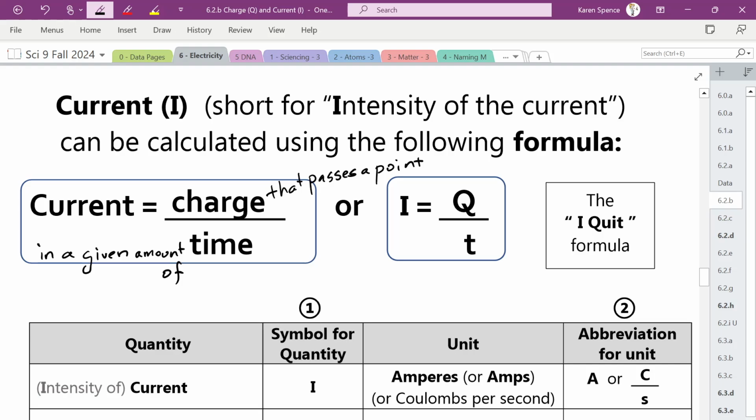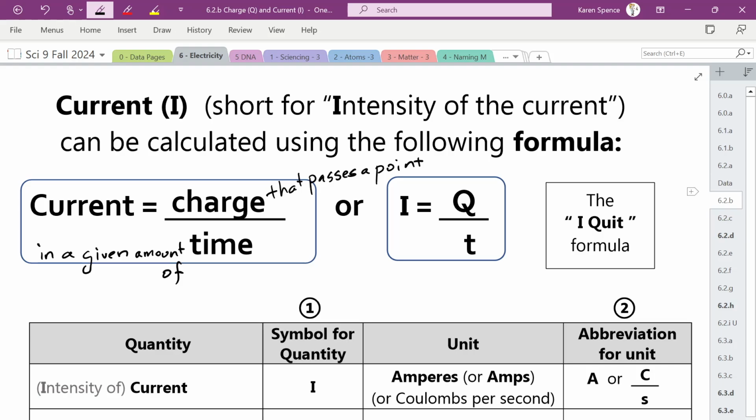So instead of saying current, we can put the letter I. And instead of saying charge, we can put the letter Q. And instead of saying time, we can put the letter T. And if you remember, this formula is called the I quit. So if you want to memorize it, I quit. You got I equals Q over T.